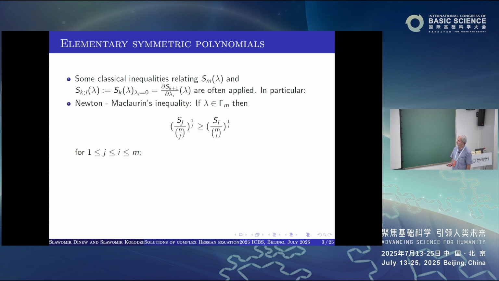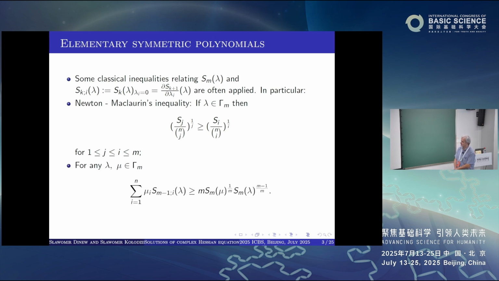So we have Newton-Maclaurin. It's a combination of two inequalities. We take lambda from this positive cone Gamma_m, and then for different j and i, we have this inequality when i is bigger than j.